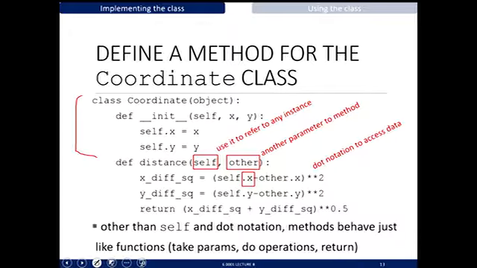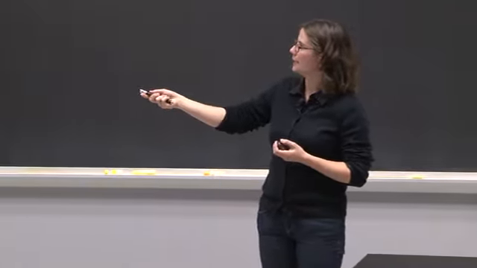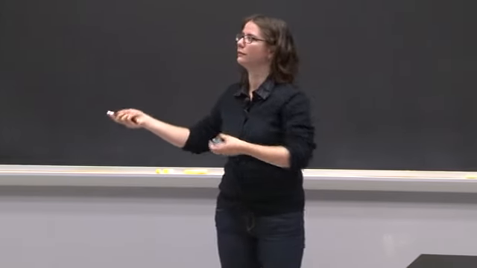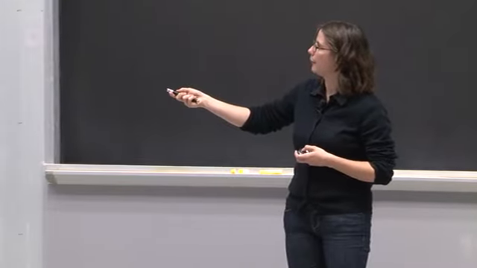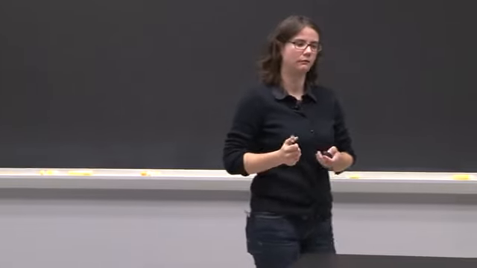As we're thinking about classes, you always have to refer to whose data attribute you want to access. Okay? In this case, I want to access the x data attribute of myself, and I want to subtract the x data attribute of this other coordinate, square that, same for y, square that, and then add those and take the square root of that.